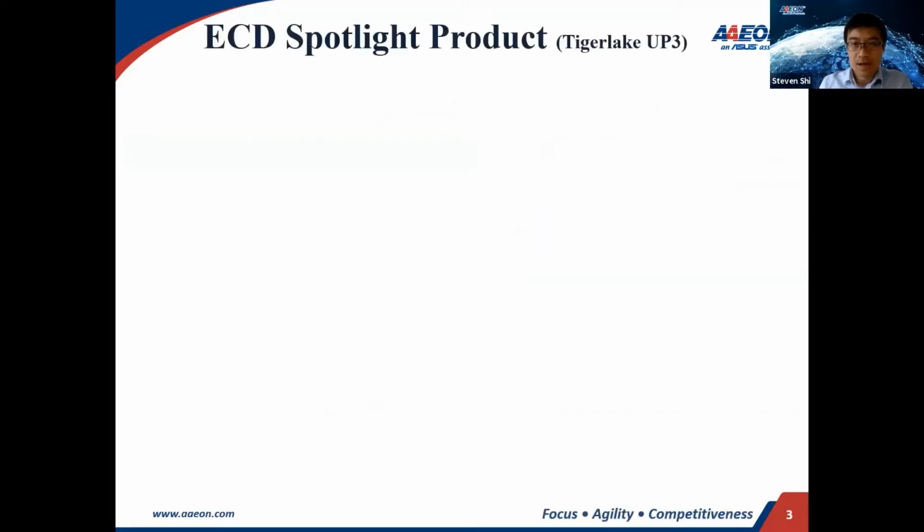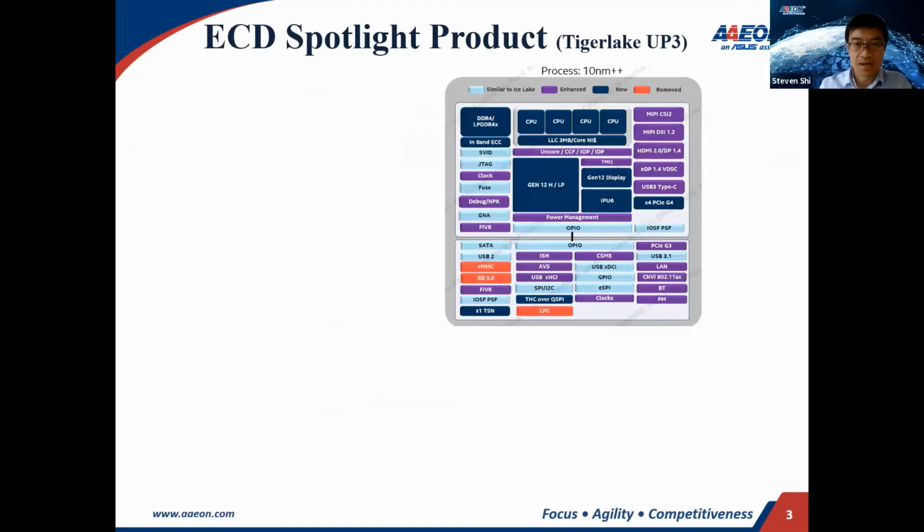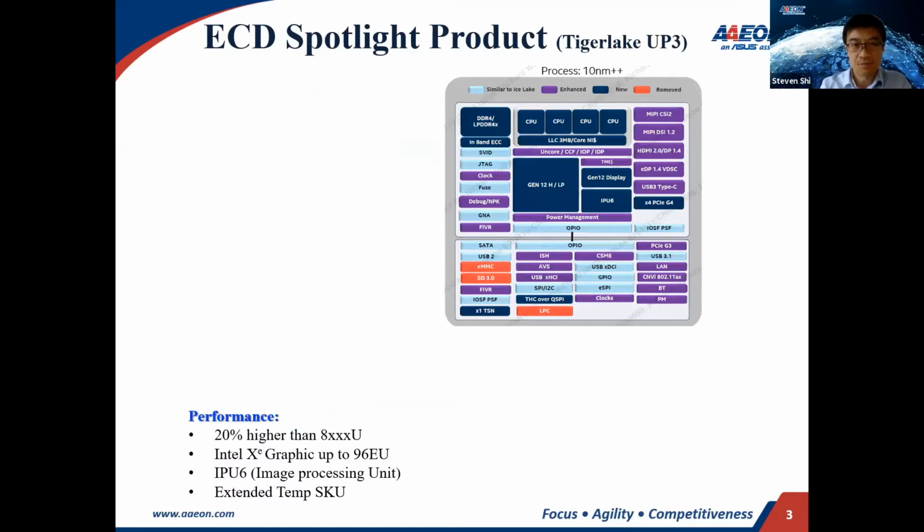Okay, so for now, I would like to introduce the COM Express module with the Intel 11th generation Core i platform, Tiger Lake UP3. As you should be familiar with, this 10-nanometer architecture SKU has many significant improvements in terms of technology and features.